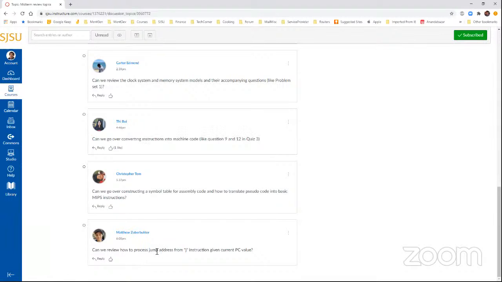Matthew, so your J is also covered, right? Do you have any further question on this? Other machine code conversion should be straightforward if we can handle these two, right? Yes, thank you. All right.